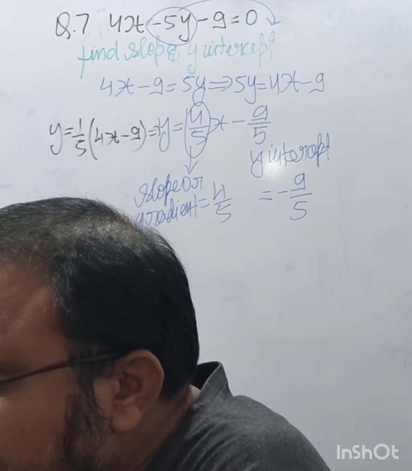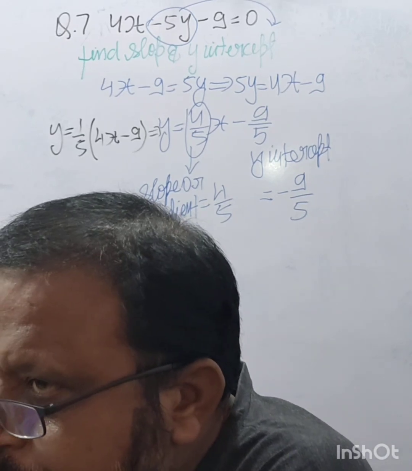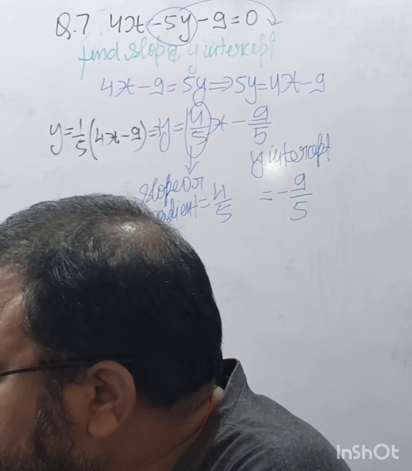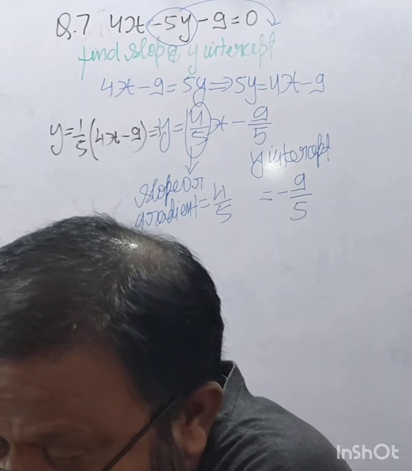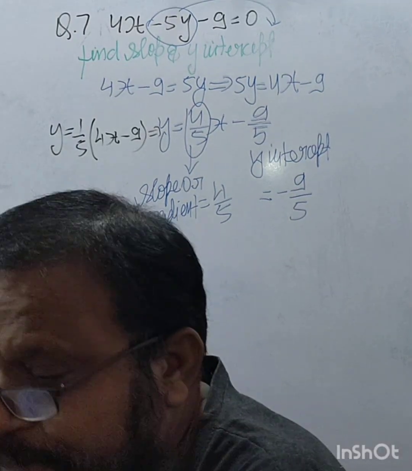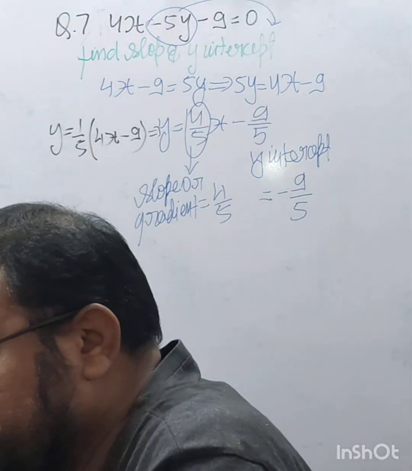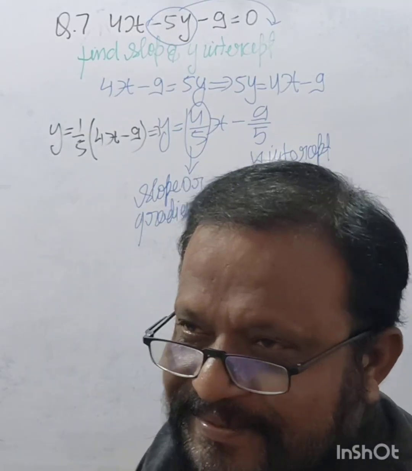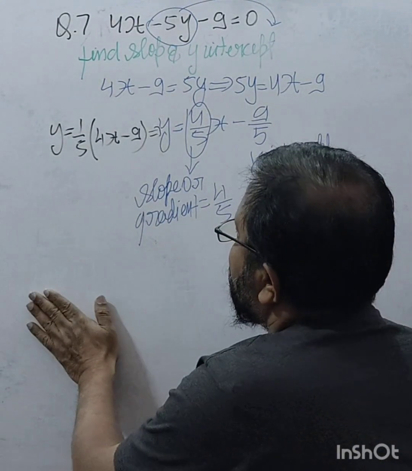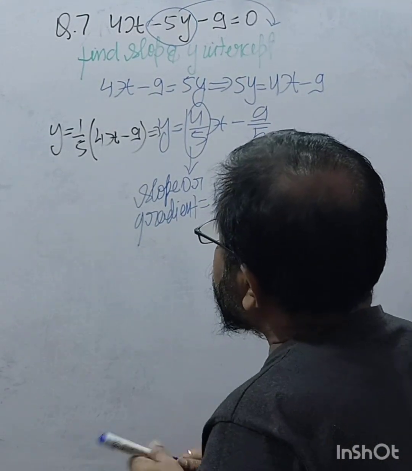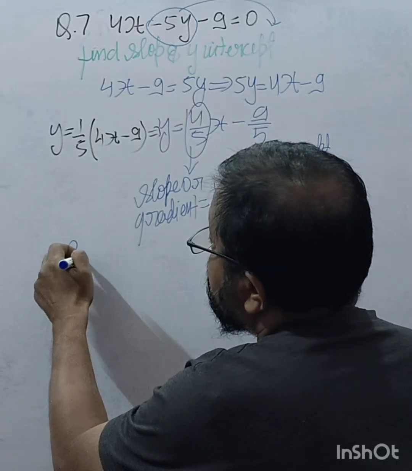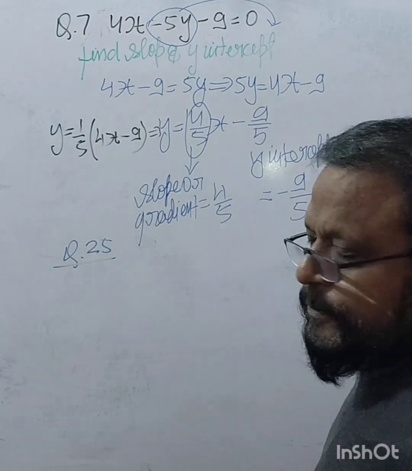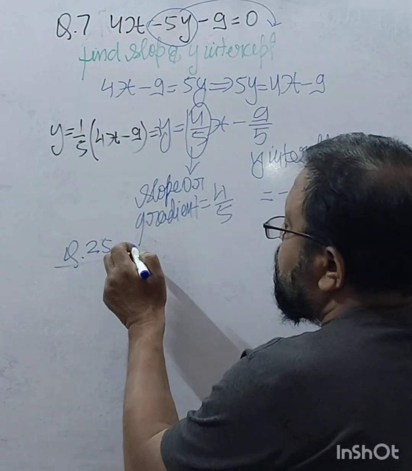Find the equation of line of 0, -3 and perpendicular to the line joining the points -3, 2 and 9, 1. This is question number 25.